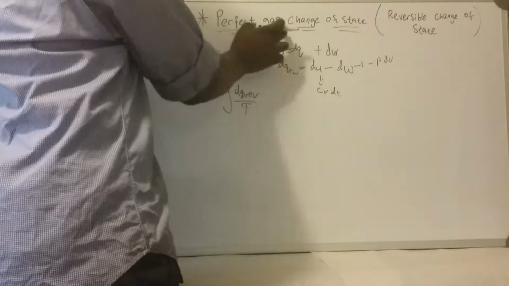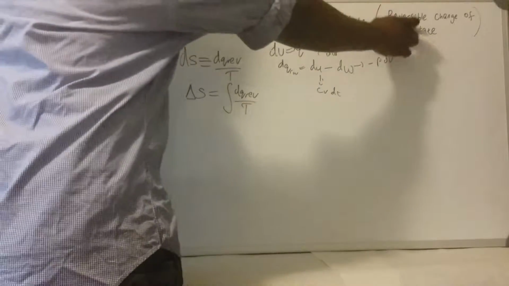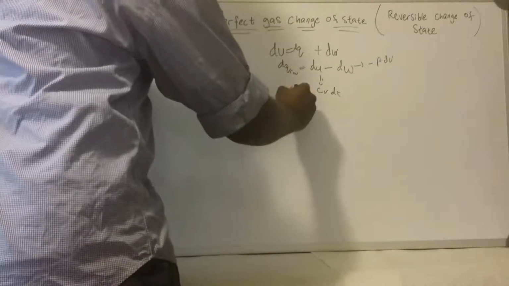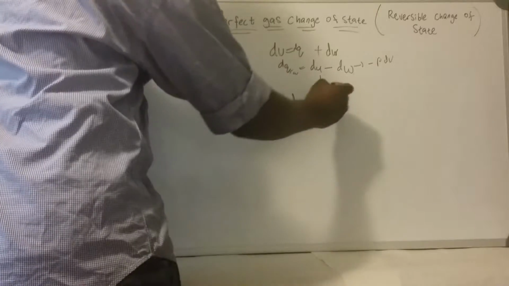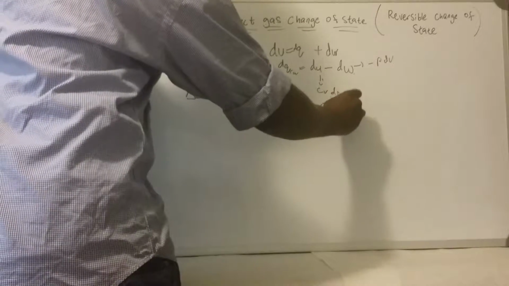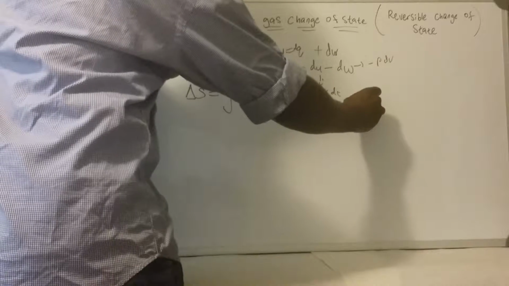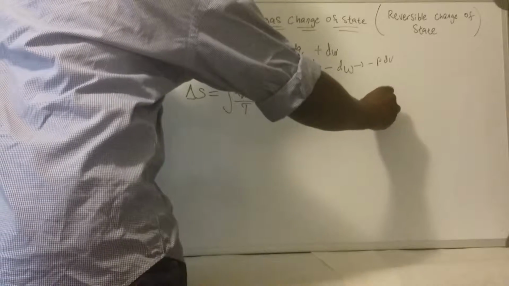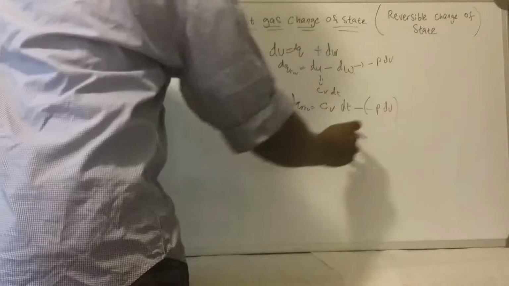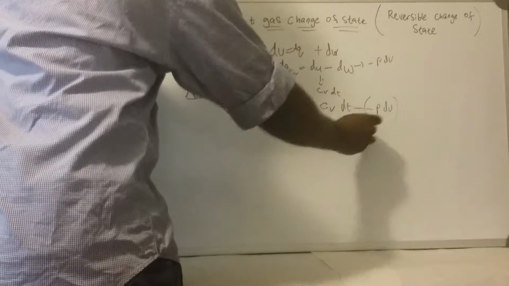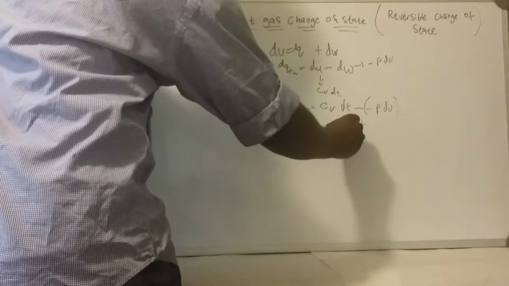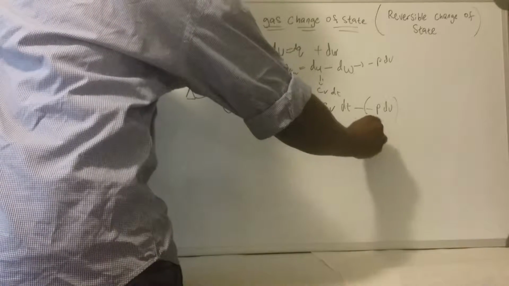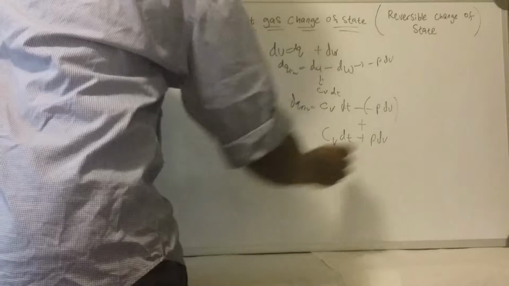Why? Because we're dealing with a perfect gas undergoing a change of state. So we could write dq reversible is equal to Cv dT minus minus P dV. That's minus minus, so it's positive. So we could replace dq reversible with Cv dT plus P dV.